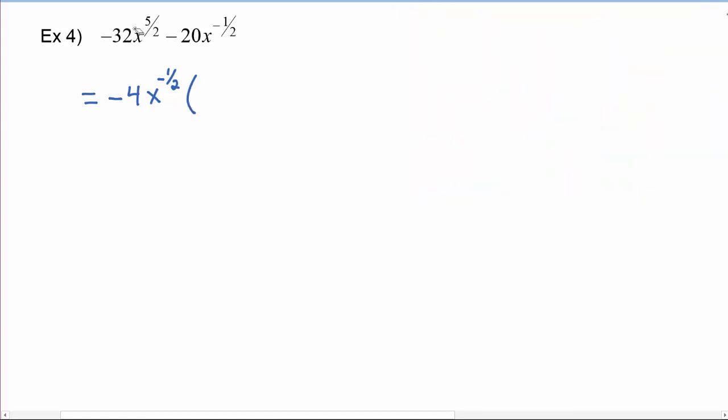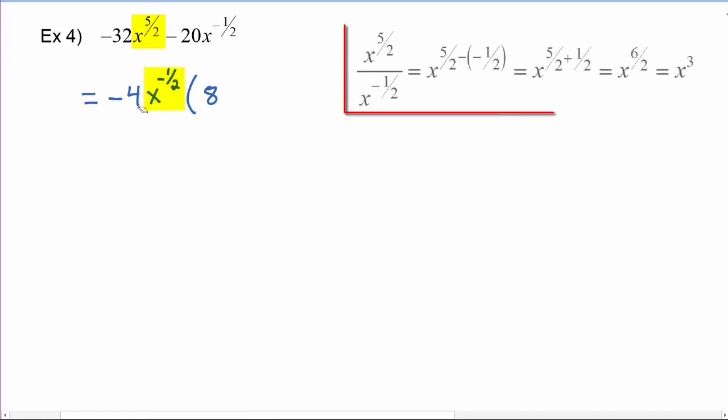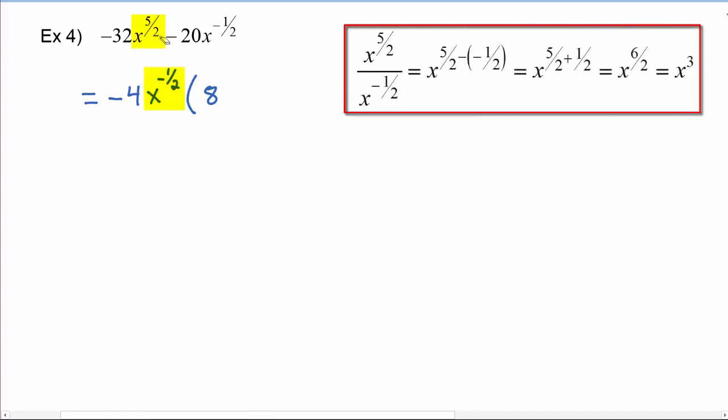Alright, now what we have left: negative 32 divided by negative 4 is positive 8. x to the 5/2 divided by x to the negative 1/2 means we have to subtract 5/2 minus negative 1/2, which means we're adding 5/2 plus 1/2, which would be 6/2, which is x to the 3rd.